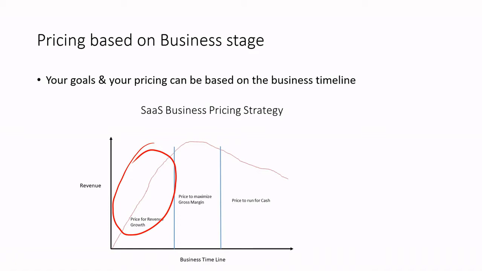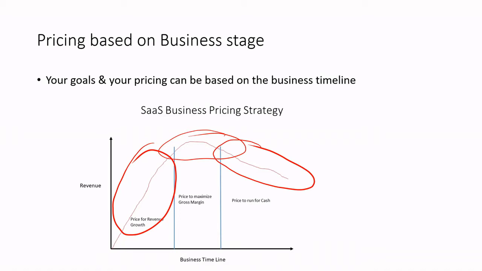And then after some period of time, it may be years, we may reach a period where revenue growth pretty much stalls out. And now we need to change the structure of our business, the structure of our application, and maybe our pricing strategies to switch from revenue growth to maximizing profitability, in particular gross margin. And then for many businesses and SaaS applications, there might be a period of time where we actually go into a revenue decline.